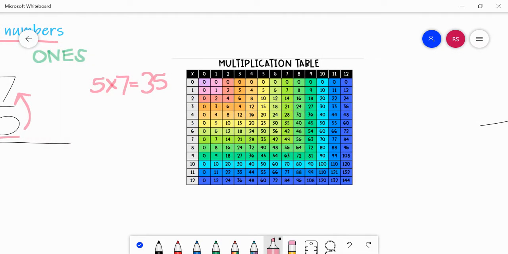If I'm trying to find what 5 times 7 is, I would find 5 on the left-hand side and 7 up top, and I would move over and down until they both landed on one number. 5 times 7 is 35, or 7 times 5 is 35.